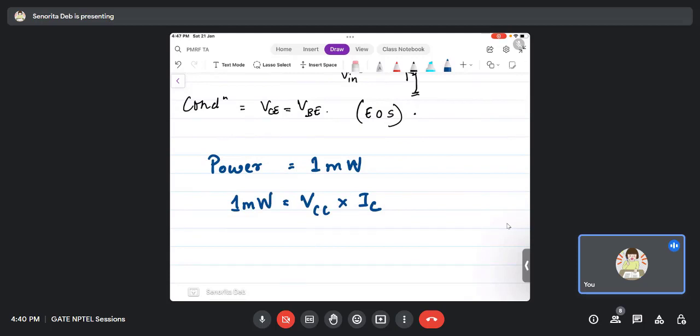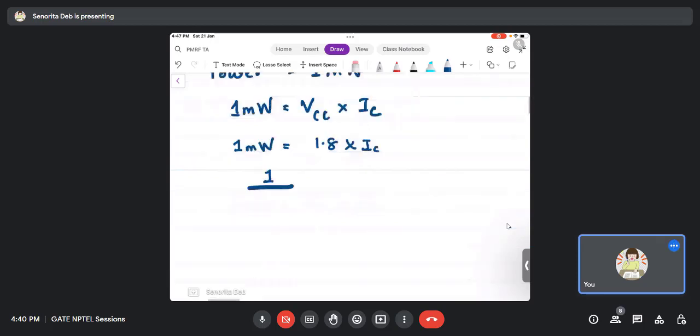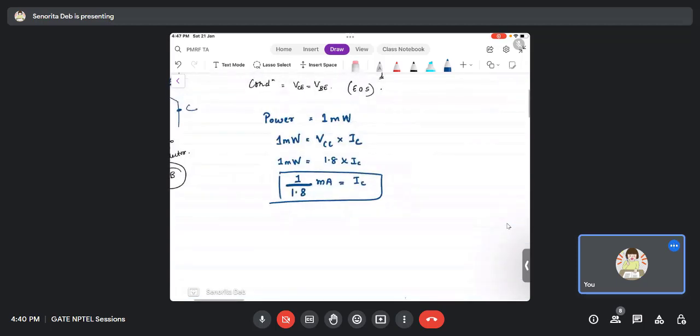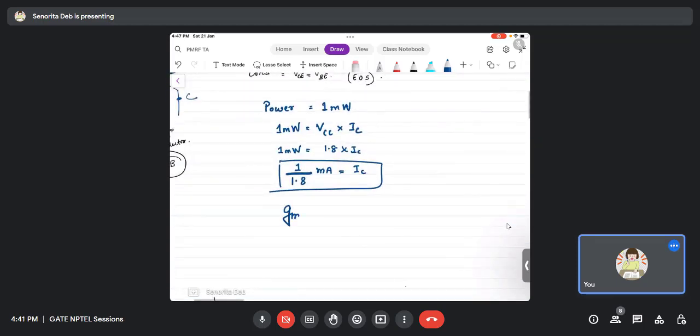VCC is 1.8, so IC is 1 by 1.8 milliamperes. Then you find GM, IC upon VT, so 1 upon 1.8 by 26, this much ohms.